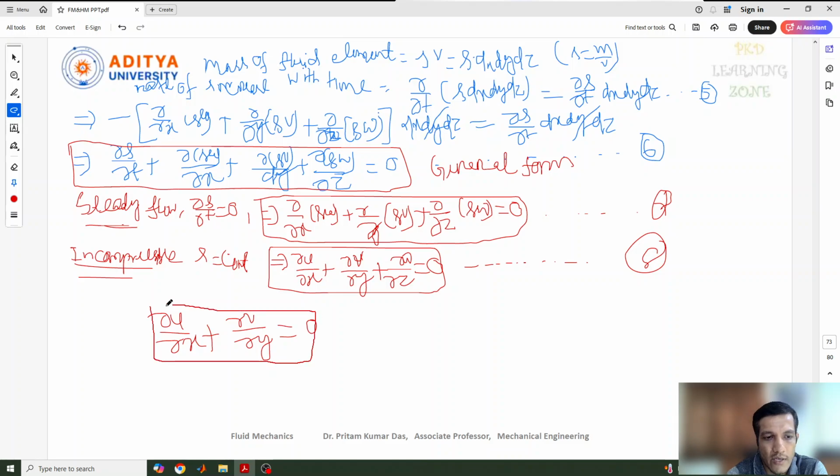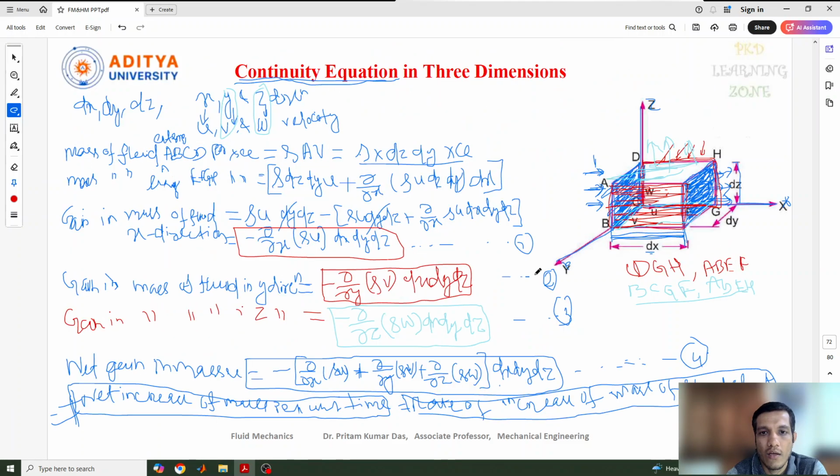This is equation 9. This is for 2-dimensional, and the earlier one is for 3-dimensional. So I hope you understand how to derive the continuity equation for a 3-dimensional object, and this is the Cartesian coordinate system.